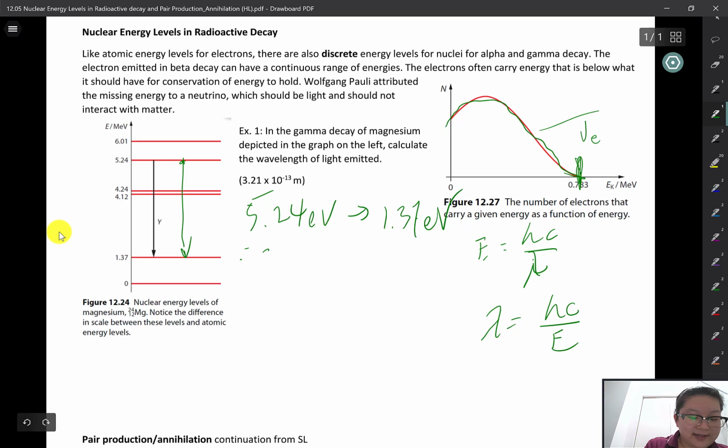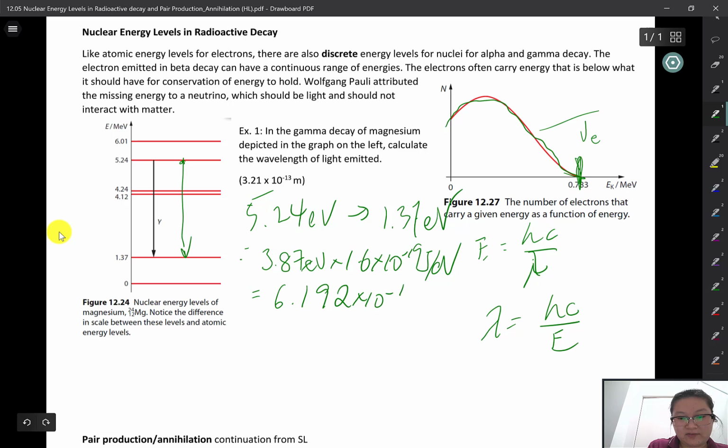For electron volts, I get 3.87, and I'm going to multiply this by 1.6 times 10 to the power of negative 19 joules per electron volt. I get 6.192 times 10 to the power of negative 19 joules. And to figure out the wavelength, I'm going to do that right here. So I have Planck's constant, 6.63 times 10 to the power of negative 34, and the speed of light, 3 times 10 to the power of 8.